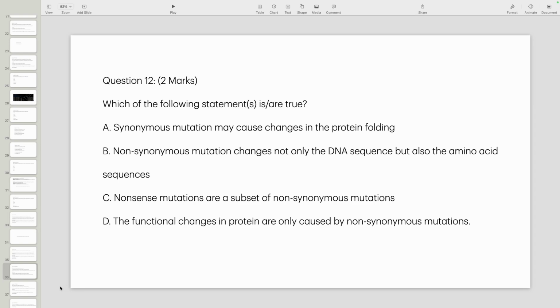So this is the synonymous mutation, and non-synonymous mutation is the mutation which changes the amino acid sequence, which changes which amino acid is being synthesized. So in the non-synonymous mutation, a different amino acid is synthesized, while in the synonymous mutation, the same amino acid is synthesized.